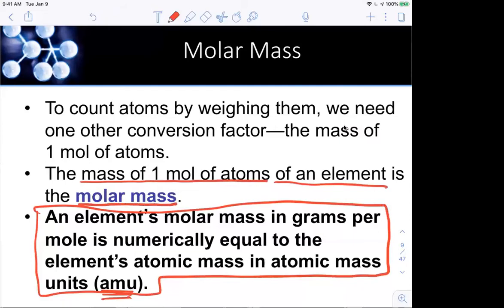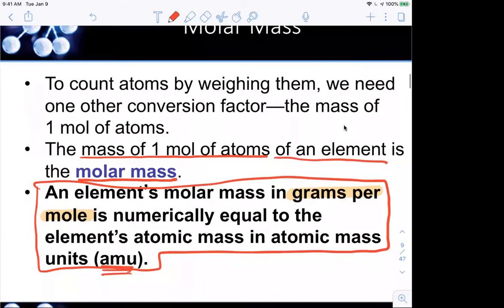That would be the unit for the mass of 1 atom, right? Molar mass is going to be in grams per mole. So grams per mole. That's going to be numerically equivalent to the element's atomic mass.